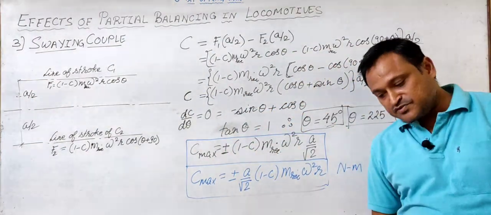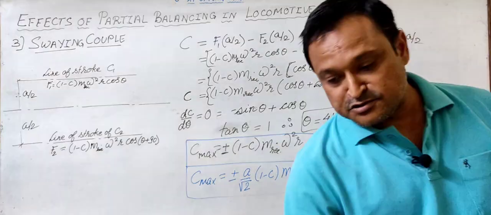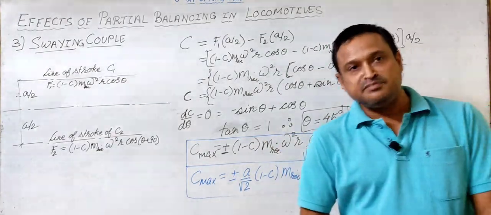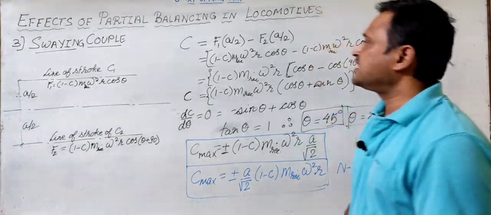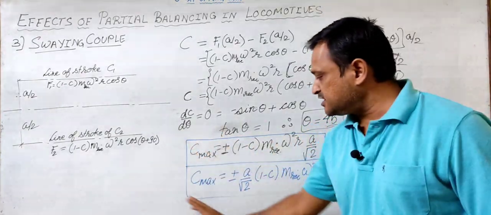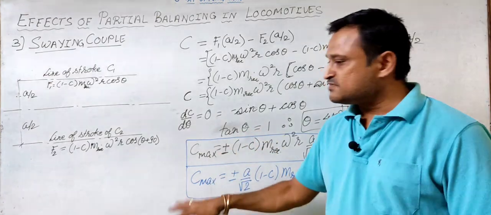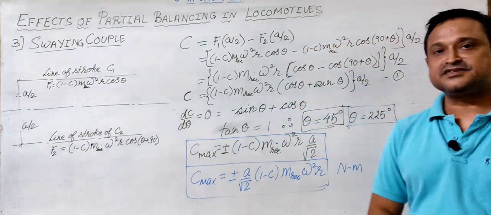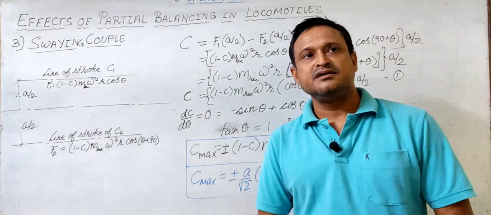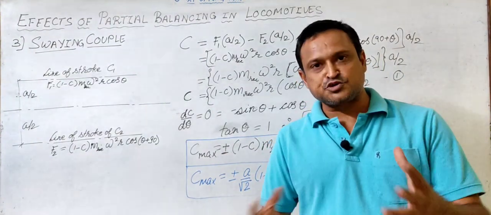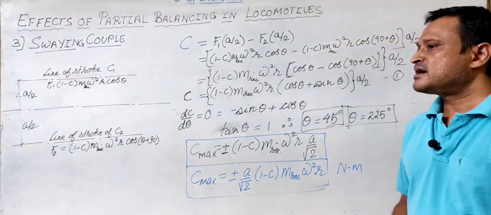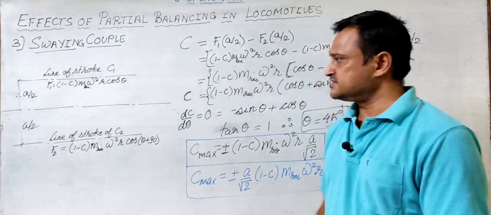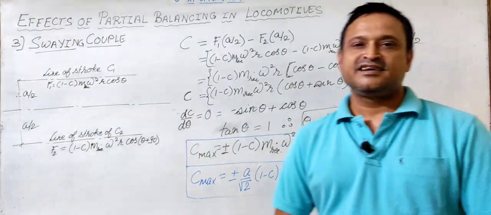So due to partial balancing, these disturbances will be there in the system, and we need to find out these values so that we can limit the conditions and make the system run quite smoothly, with minimum vibrations or disturbances. That's all in this session.